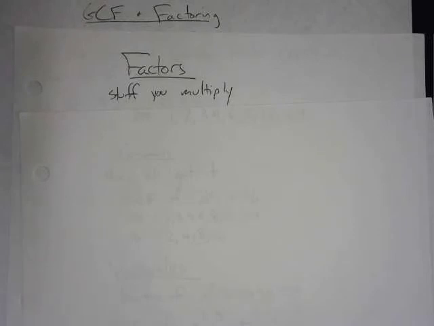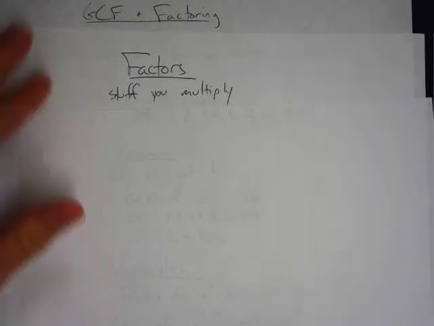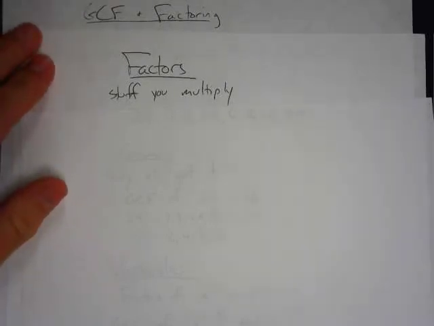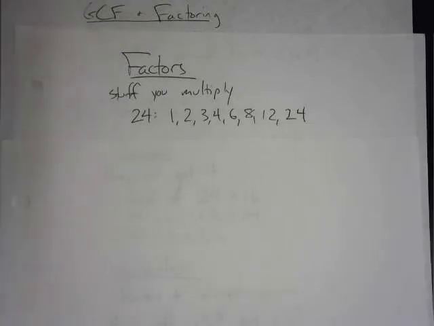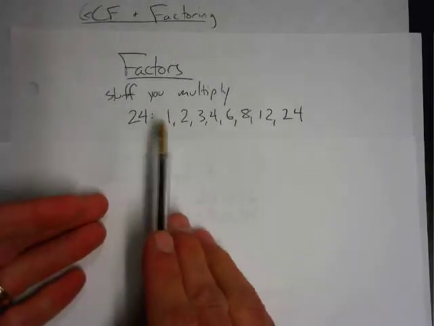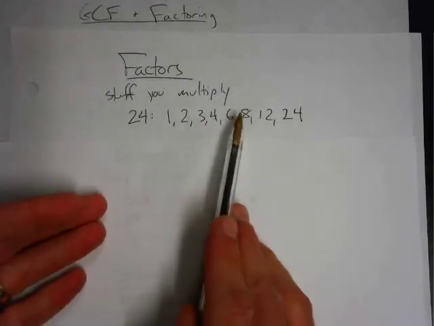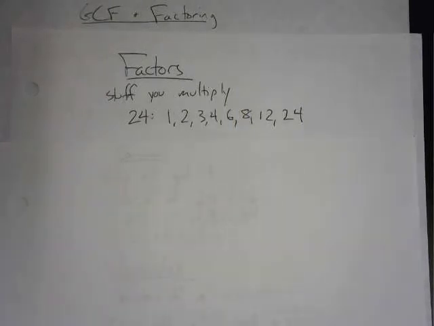It's stuff you multiply. So if you look at a number like 24, we can figure out, well, what are all the factors of 24? Basically, what are all the possible numbers you can multiply to get to 24? And the list of factors of 24 are 1, 2, 3, 4, 6, 8, 12, and 24. How is that possible?